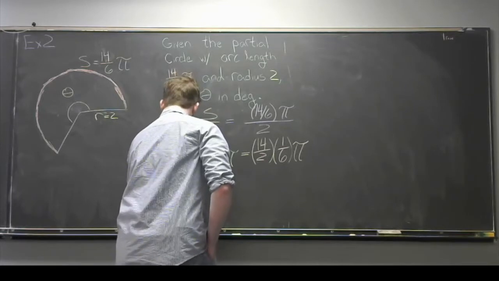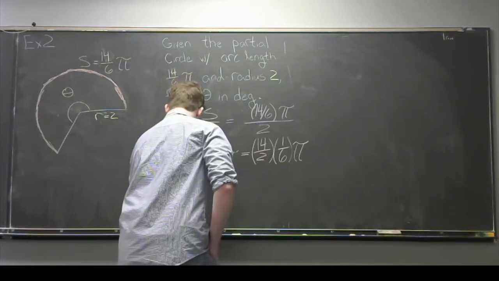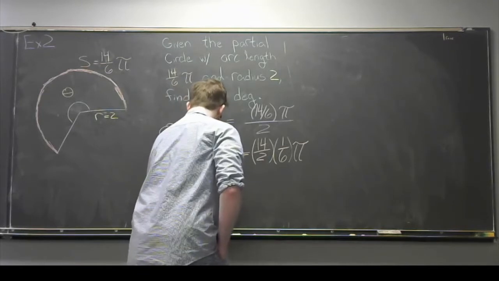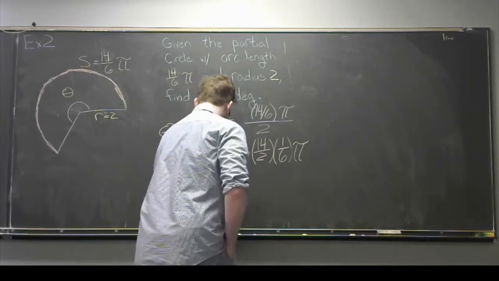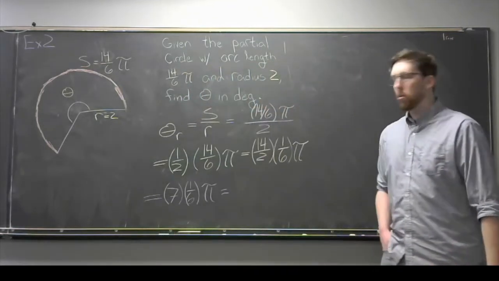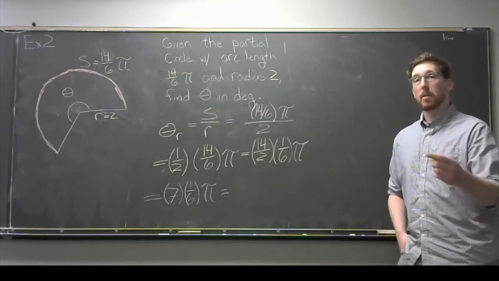So we have 7 times 1 over 6 times pi, or 7/6 times pi.